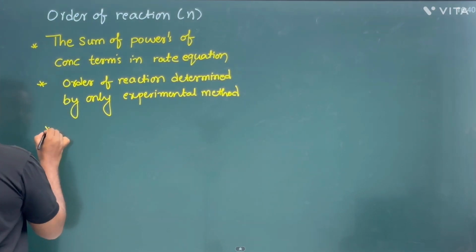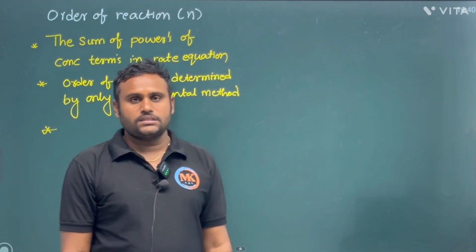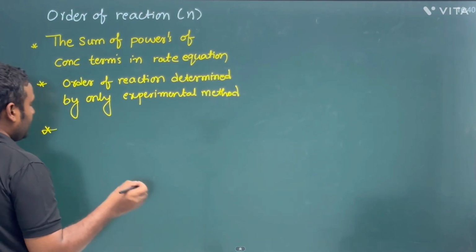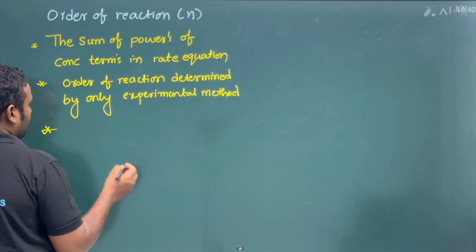We cannot determine the order of reaction simply by seeing the balanced chemical reaction. Order of reaction cannot be determined by using the stoichiometric equation or balanced stoichiometric equation.